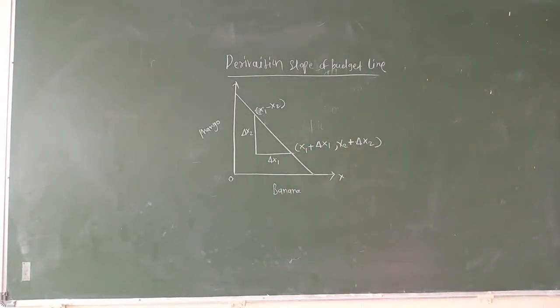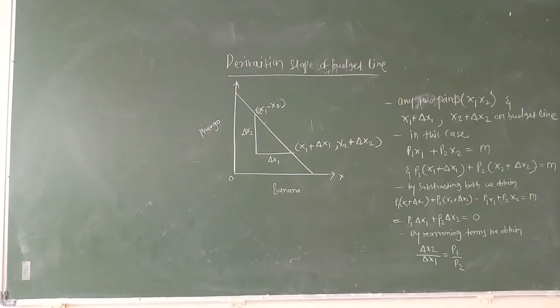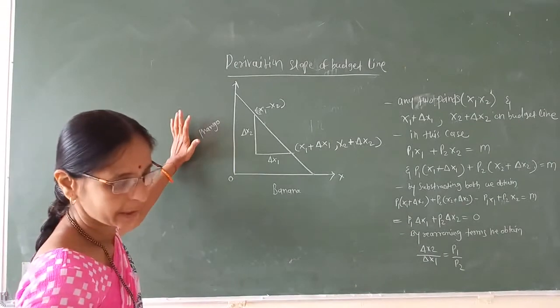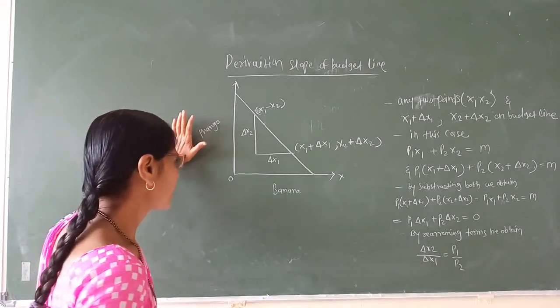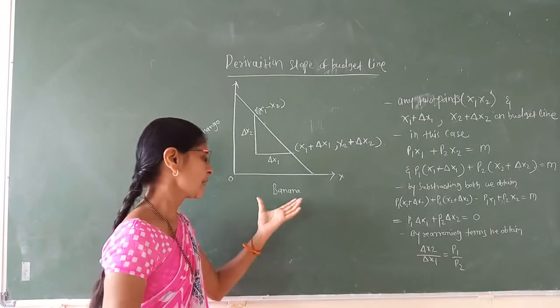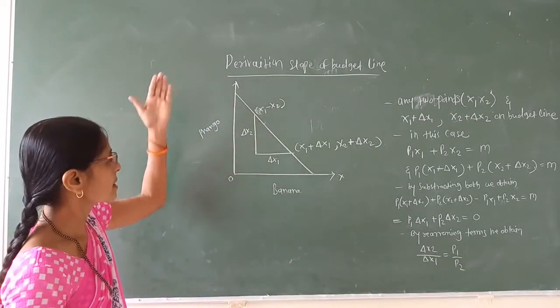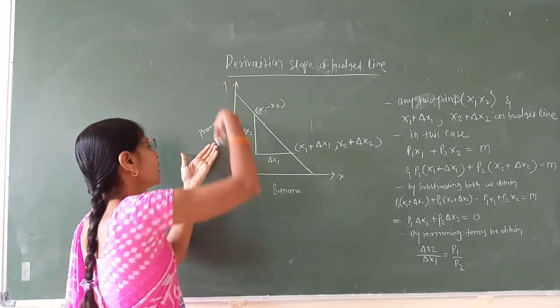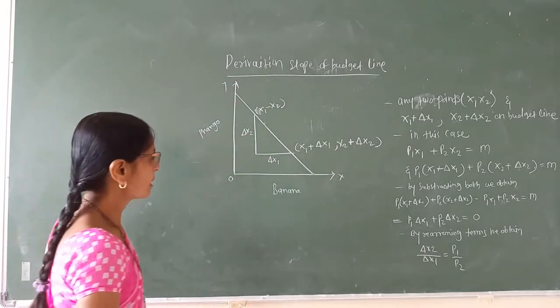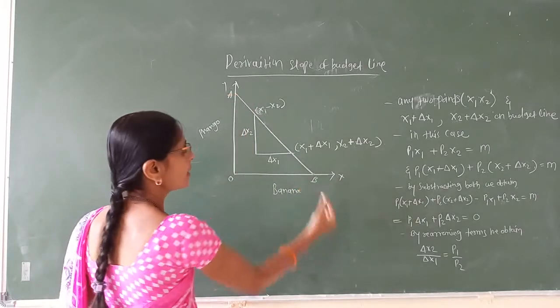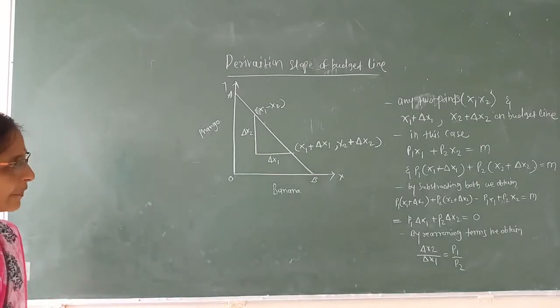See students, this is the diagram of the derivation of the slope of the budget line. Here, on the x-axis we represent the units of the banana, and on the y-axis we represent the units of the mango. And here, AB is the budget line.